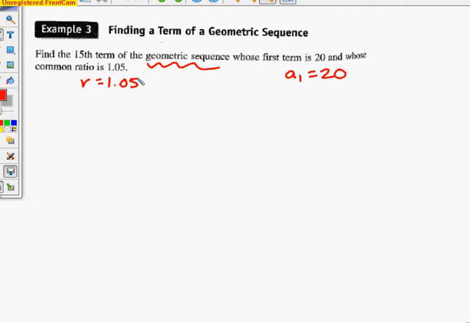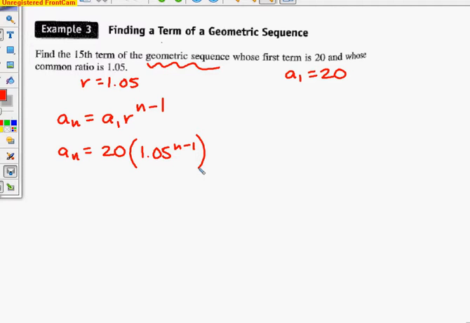So let's see if I can fill in my formula. My formula, a sub n equals the first term, a sub 1 times r to the n minus 1. So if I fill in the general formula, a sub n equals a sub 1 times 1.05 to the n minus 1.